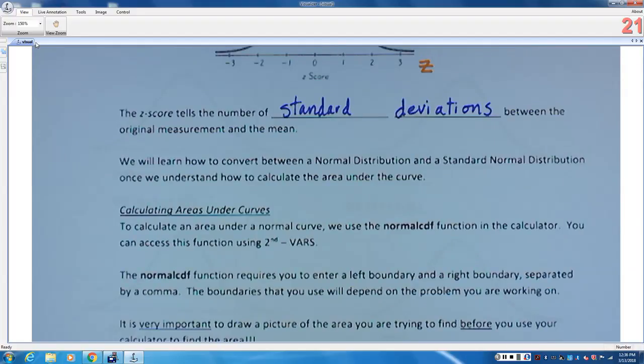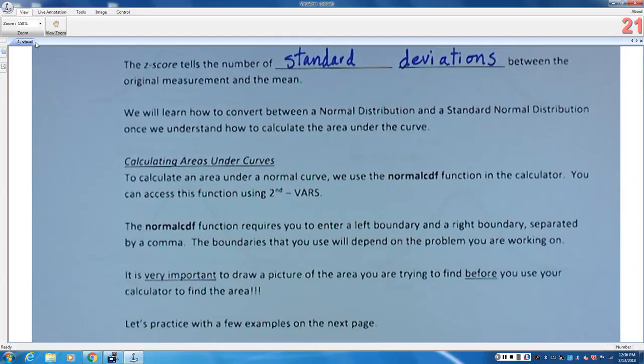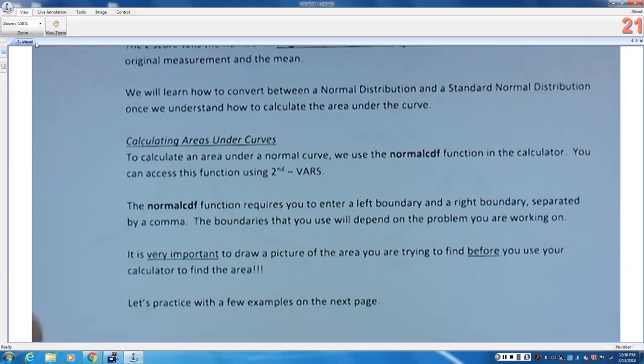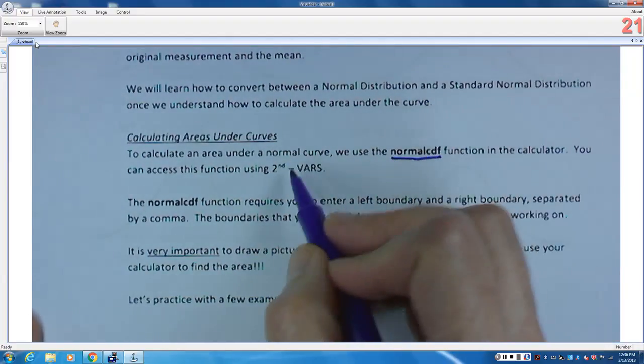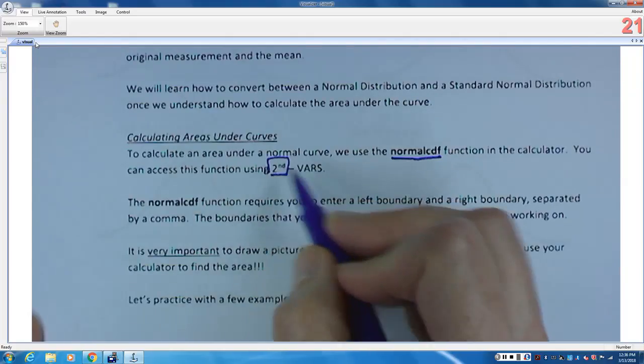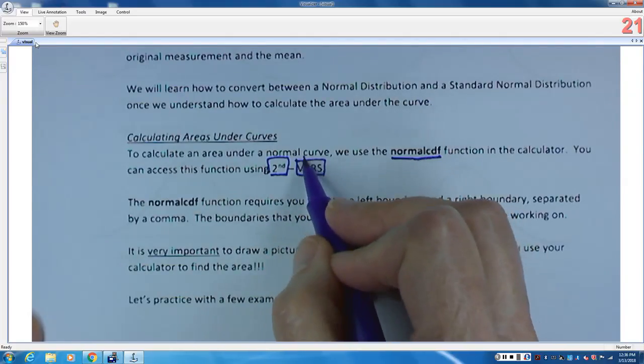So these are the directions for calculating an area under the curve. We're going to use normal CDF under second variables because those are distributions.